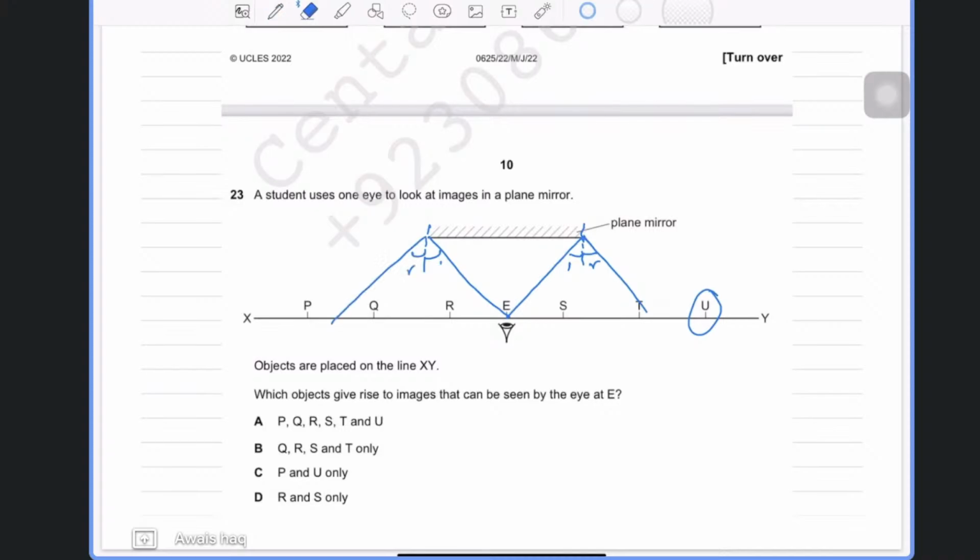So sorry, this is R and I and R. So you can see Q, you can see R, S, T, but you can't see U and P. So Q, R, S, T only, and you can't see P and U. Is it clear?